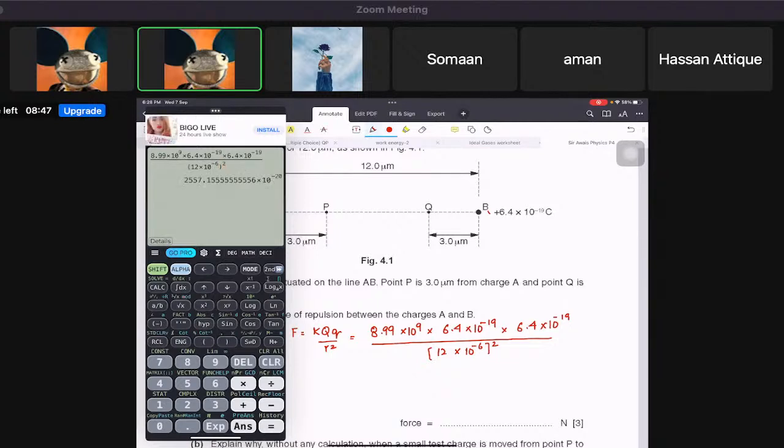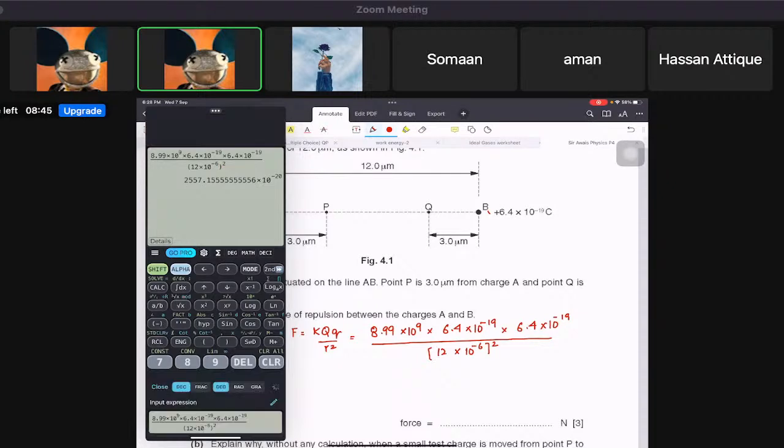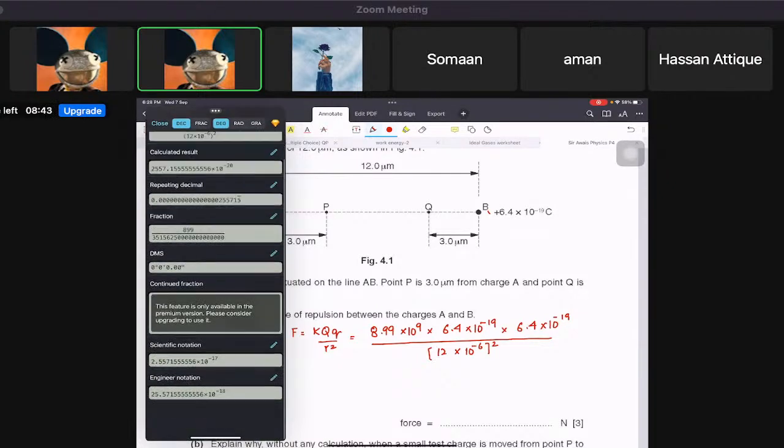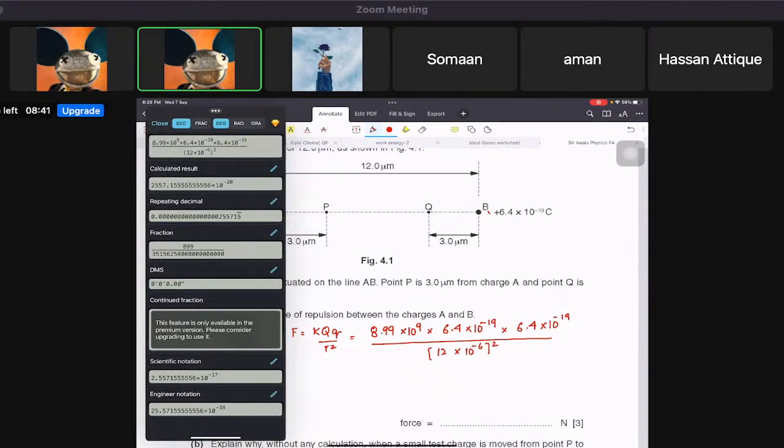So that force of repulsion got to be, well, that's pretty small. Why is that? The charges are big. Shouldn't be that small, right? Okay, never mind.